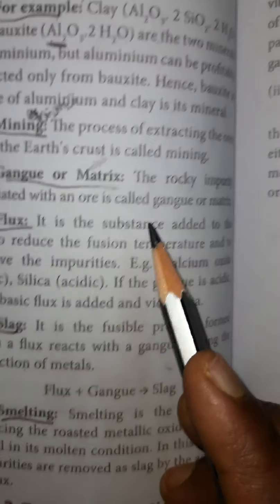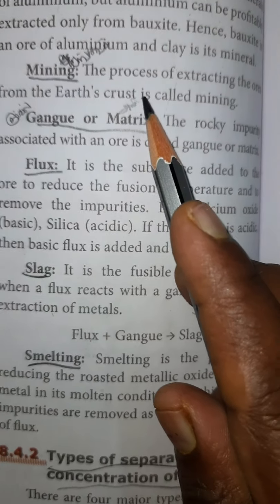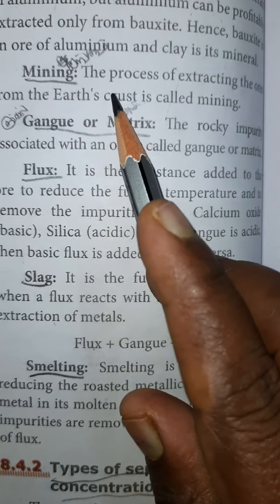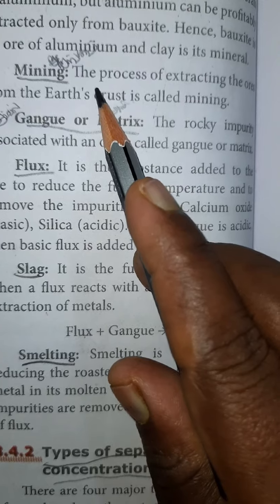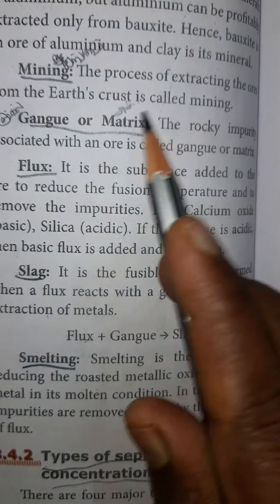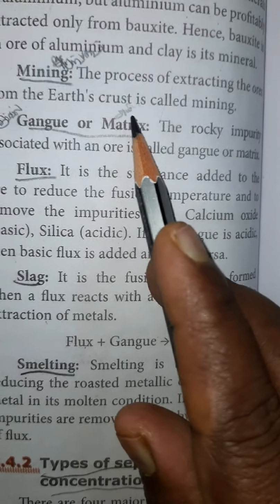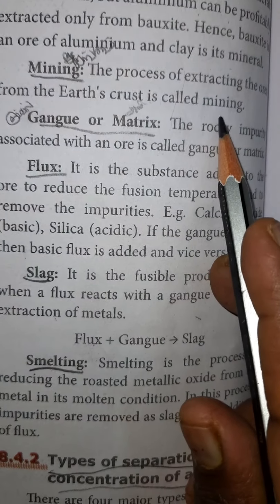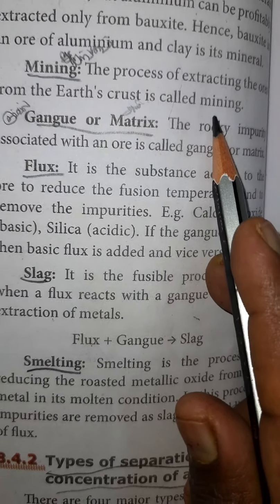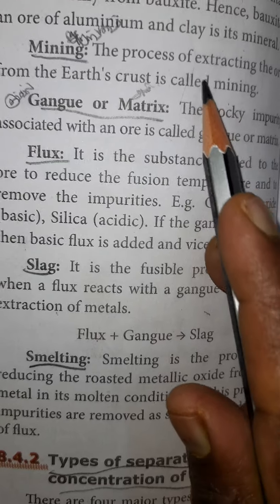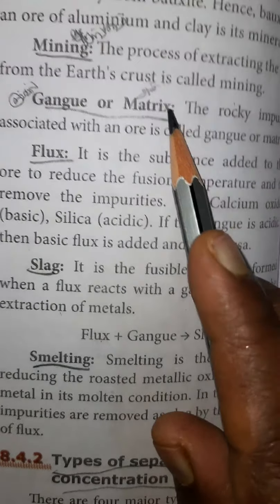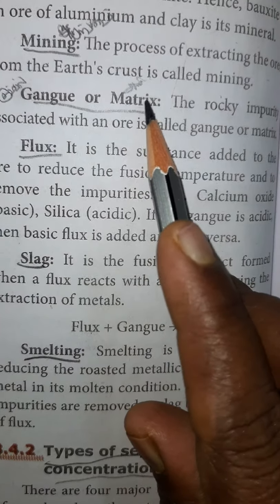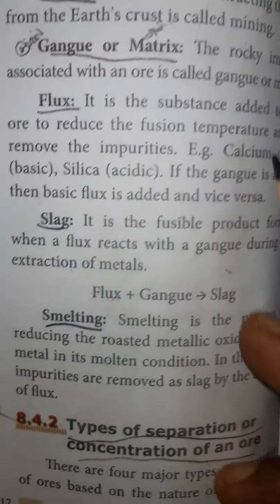Then only mining. Mining is the process of extracting the ores from the earth's crust. So mining means the process of extracting the ores. Where do we get many ores from? From the earth's crust, this is called mining.